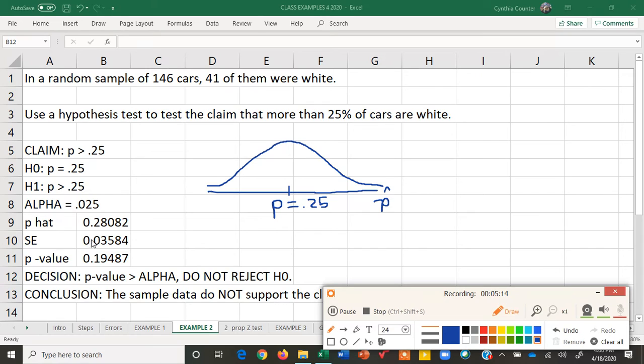We got a P hat here of a value of 0.28, which we can see is obviously greater than 0.25. Okay, so here is our computed sample proportion, P hat equals 0.28.